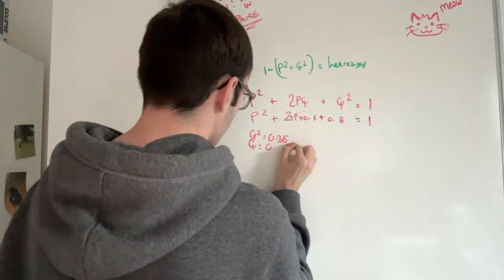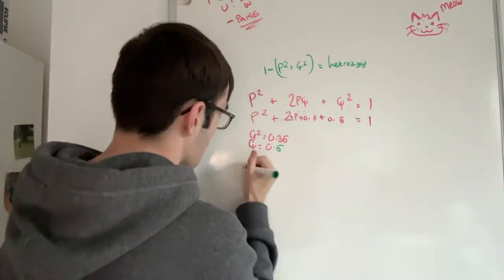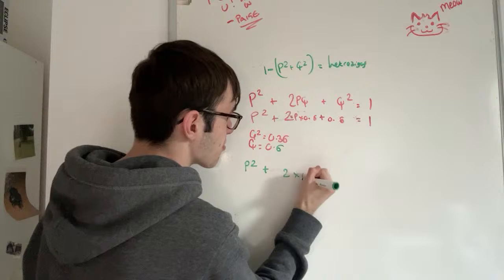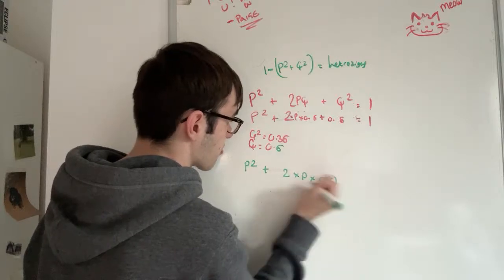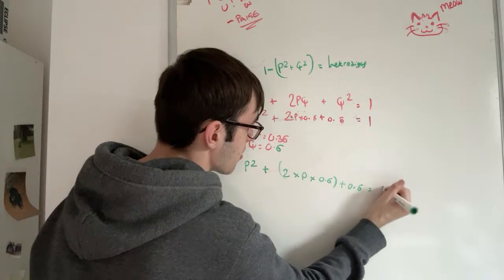Right. No, I might be getting somewhere now. Hold on. So p squared plus 2 times p times 0.6 plus 0.6 is 1.